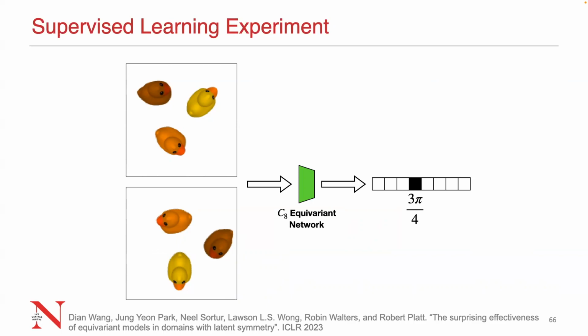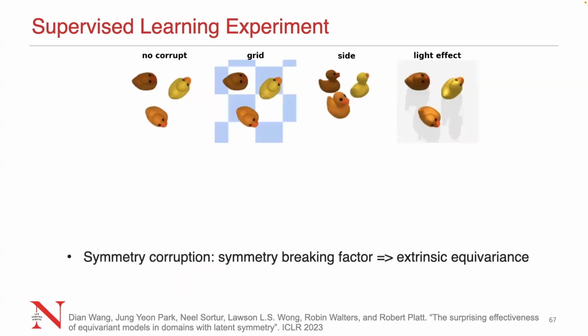If we have a perfect top-down image, we will have the so-called correct equivariance. But we can also introduce some symmetry breaking factors that lead to extrinsic equivariance. For example, we can include a grid that does not rotate, or we can have the side view image.